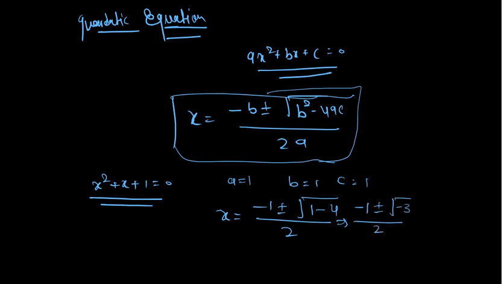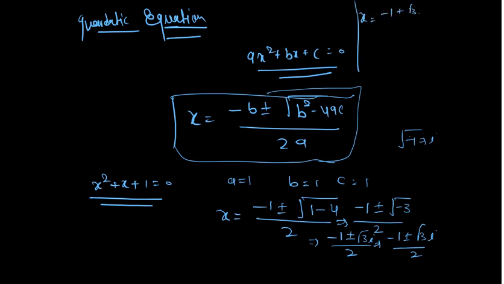You know square root of minus 1 can be written as i, so x is minus 1 plus minus square root of 3i divided by 2. So x is equal to minus 1 plus square root of 3i divided by 2, or x is equal to minus 1 minus square root of 3i divided by 2.